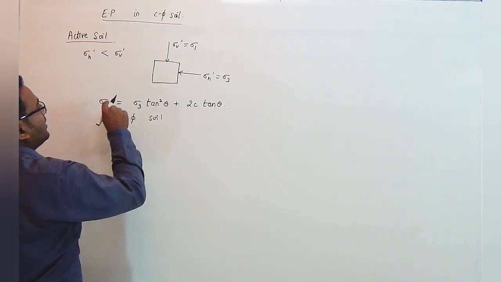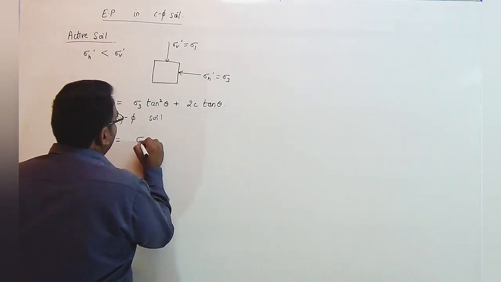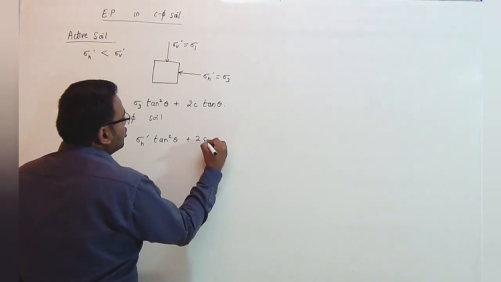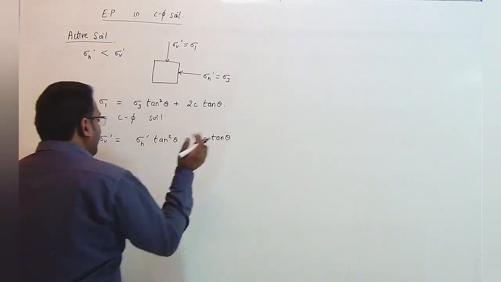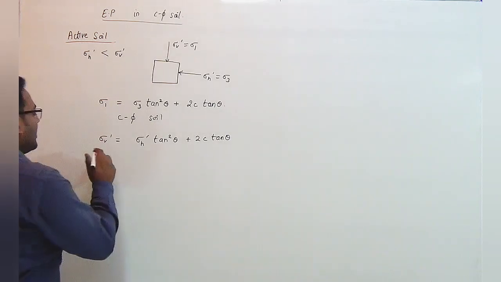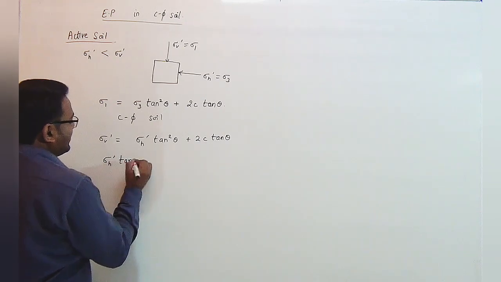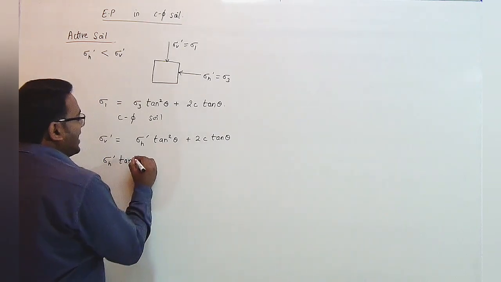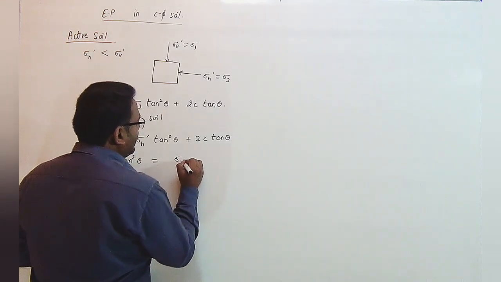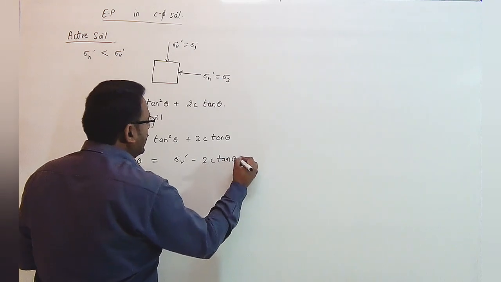Sigma 1 is nothing but the vertical stress, which can be written as horizontal stress into tan square theta plus 2c tan theta. We are here to calculate the value of horizontal stress, hence taking the equation for horizontal stress: sigma H dash tan square theta on one side and on the other side sigma V dash minus 2c tan theta.